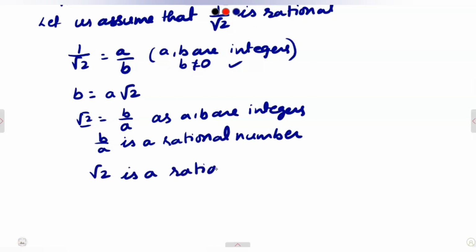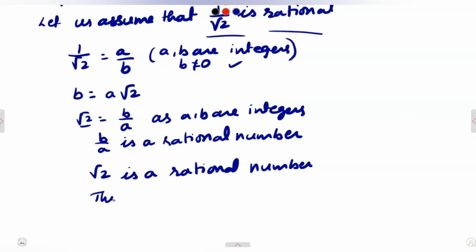But what have we learned? Is root 2 a rational number? We have already proved root 2 is not a rational number according to theorem 1.4. Root 2 is irrational.